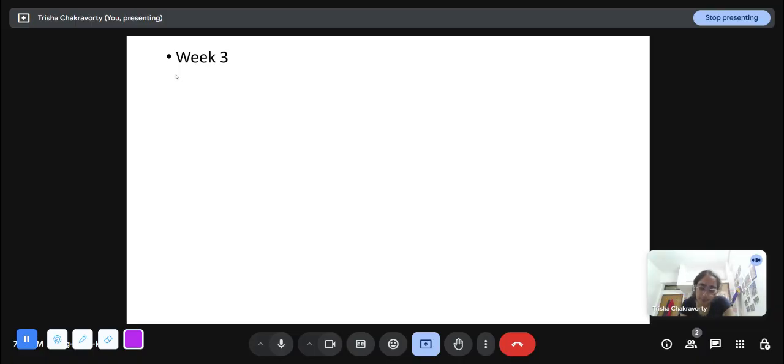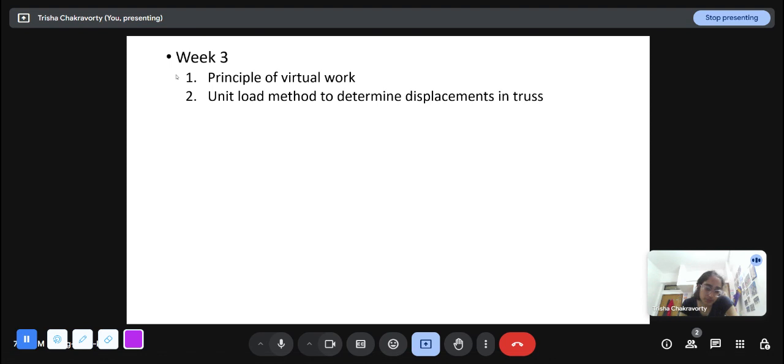Then week 3, week 4, and week 5, we looked at the displacement or the strain responses. In a truss, there is the principle of virtual work generally in mechanics. From that, we get the unit load method, which is used to determine the displacements in a truss, the nodal displacement in x direction and y direction.